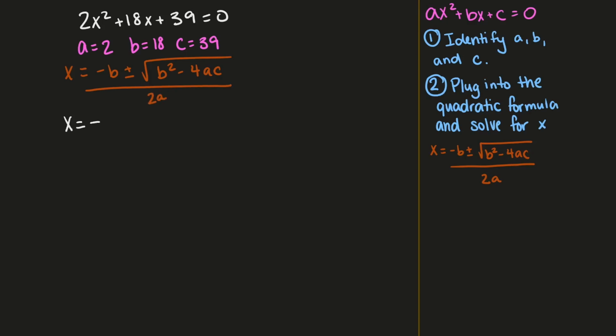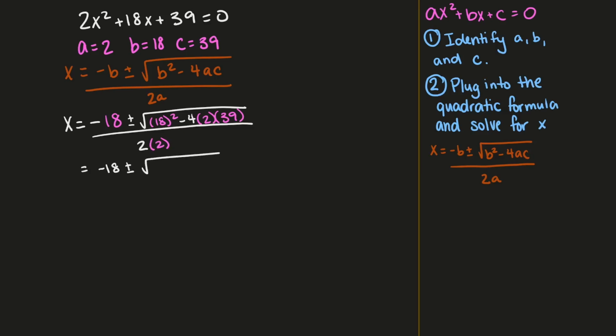So this means x is equal to the opposite of 18, plus or minus the square root of 18 squared minus 4 times 2 times 39, all over 2 times 2. So this is equal to negative 18 plus or minus the square root of 324 minus 312, all over 4. So this is equal to negative 18 plus or minus the square root of 12 over 4.